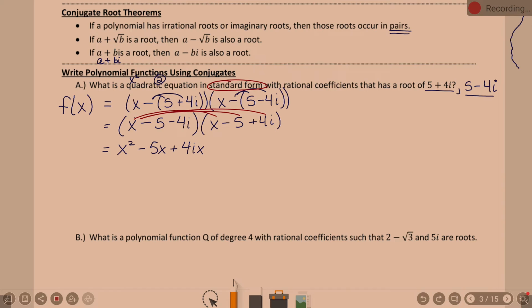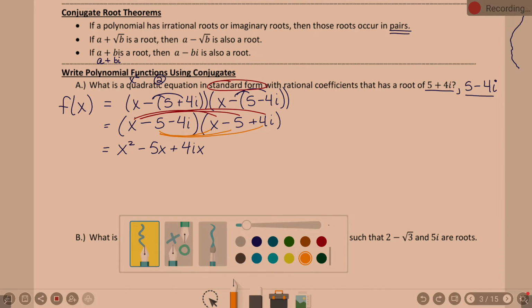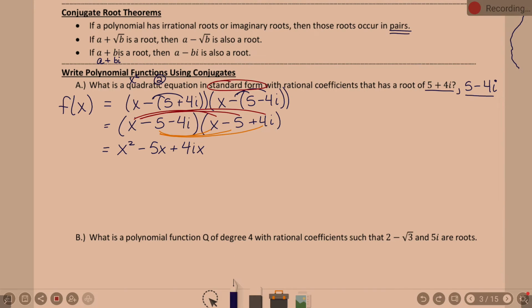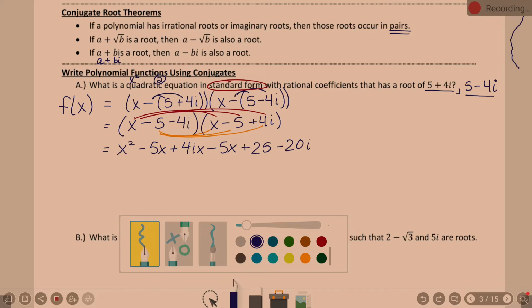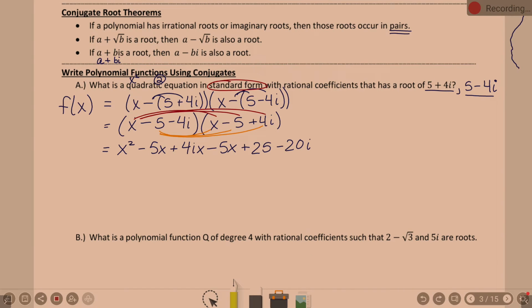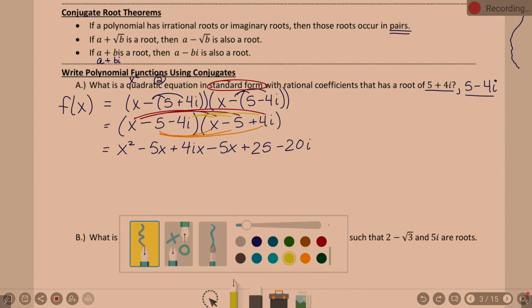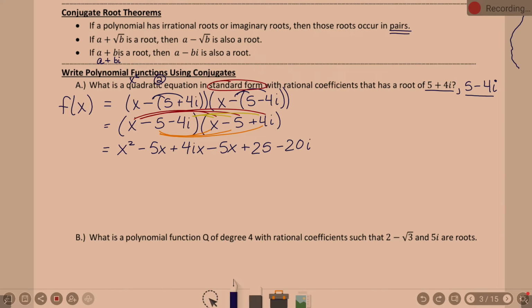Now we're going to distribute the negative 5. So negative 5 times x, negative 5x. Minus 5 times minus 5, plus 25. Minus 5 times 4i, negative 20i. Now we're going to distribute the minus 4i.